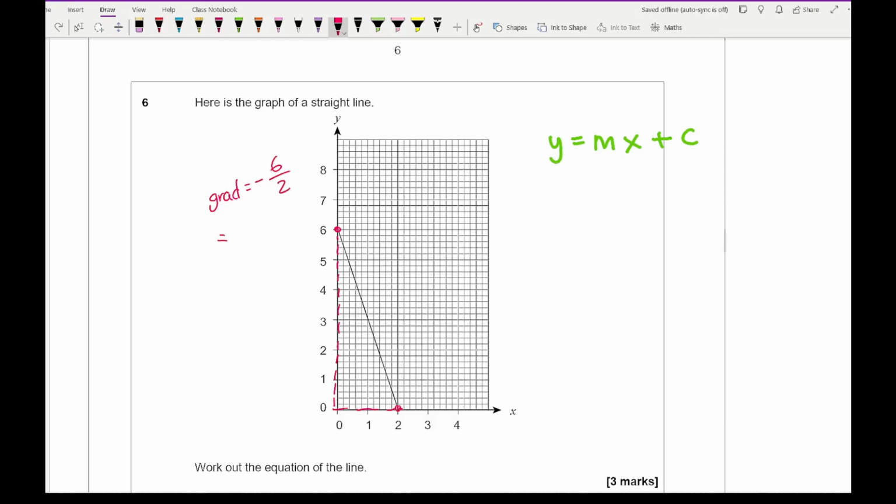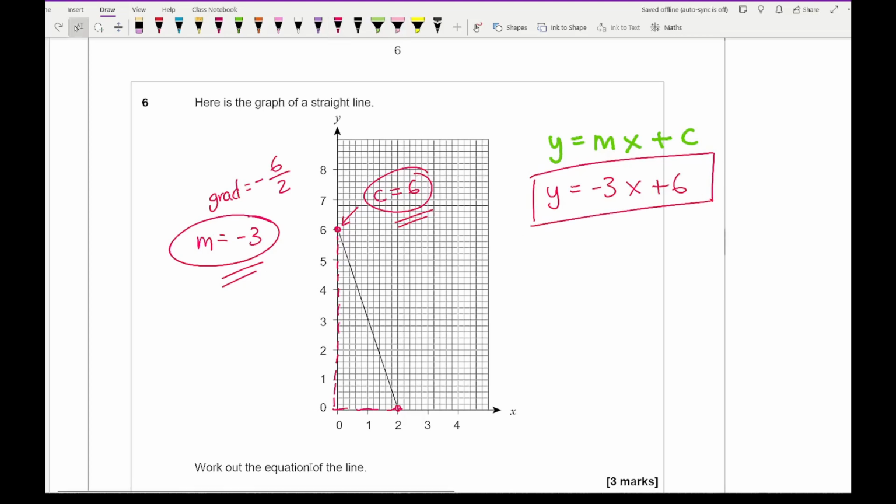So here m is going to equal minus 3. I know that the y-intercept is at 6, so c equals 6. Substituting these two numbers in, I get y equals minus 3x plus 6.